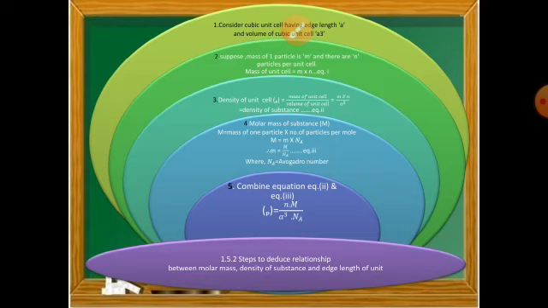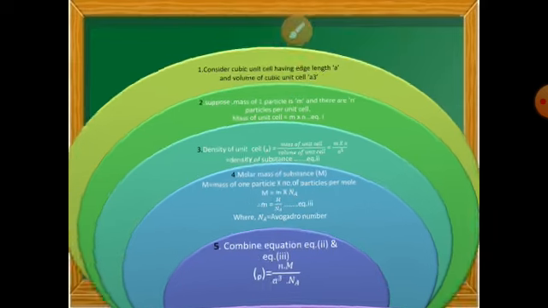But if the question asks what is, or how will you find out the density of a substance, or write the equation to find out the density of substance, then you just write rho is equal to n into M upon a cube into Na, and then explain the meaning of each term.